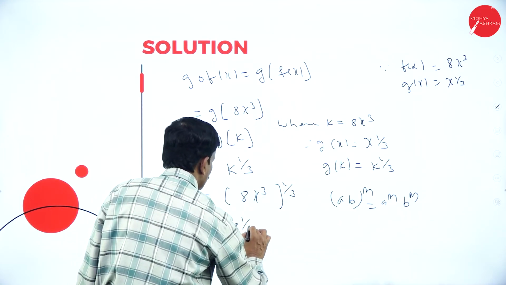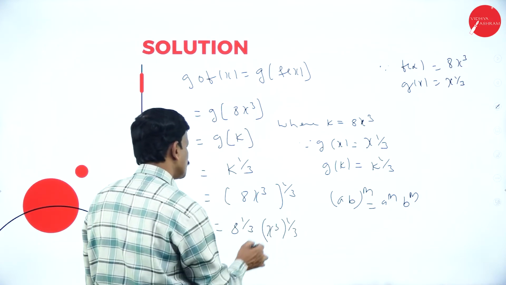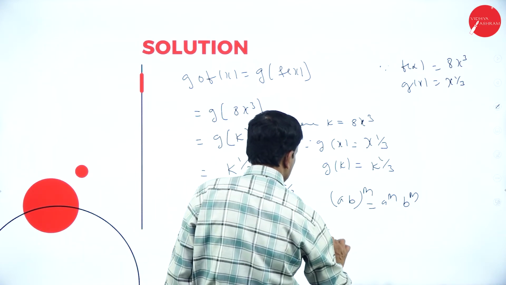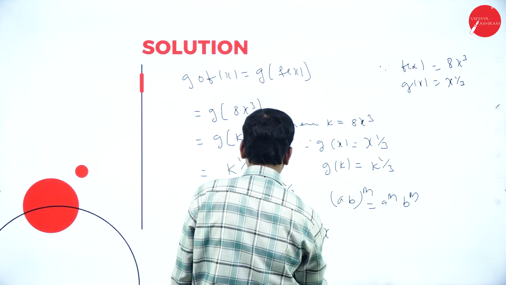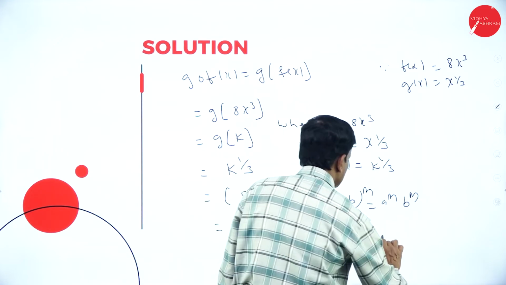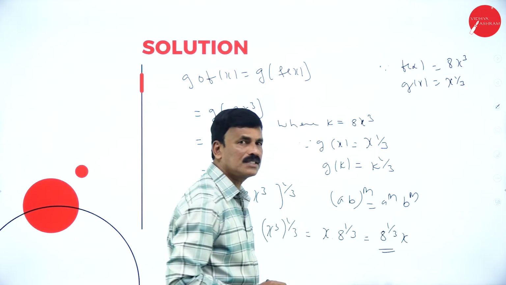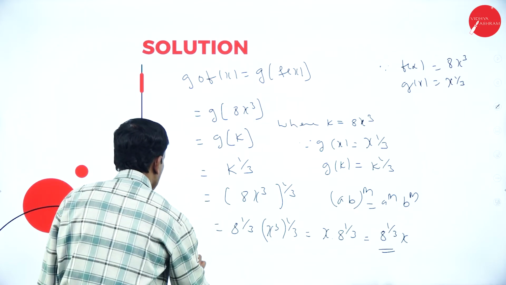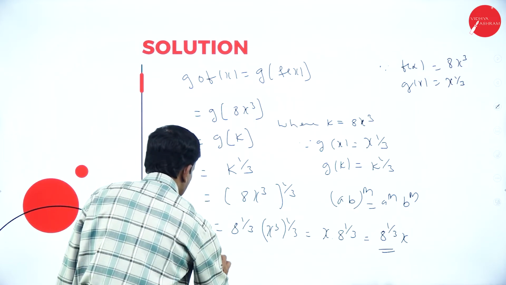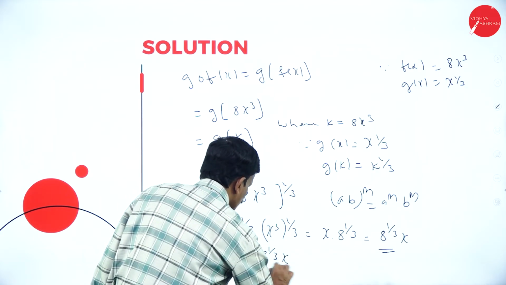This is 8 to the power of 1 by 3, x to the power of 3 whole raised to 1 by 3. 3 gets cancelled. So we can write 8 to the power of 1 by 3 into x, cube root of 8. That's it. So therefore, I can write g naught f of x is equal to 8 to the power of 1 by 3 into x.